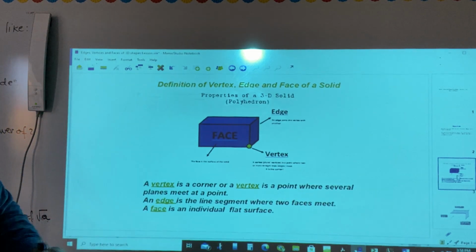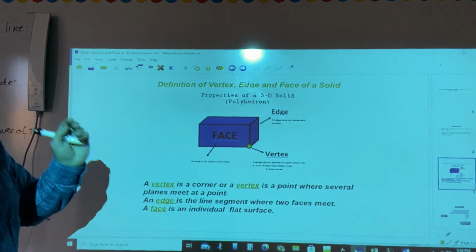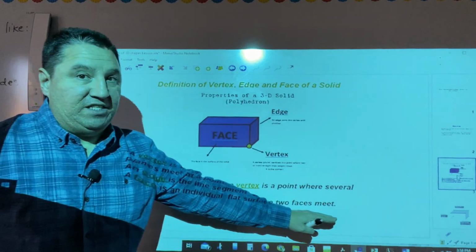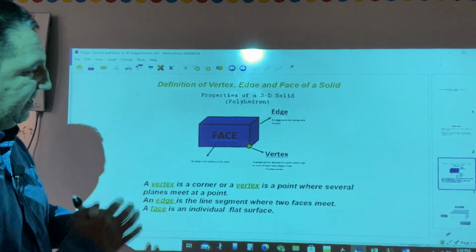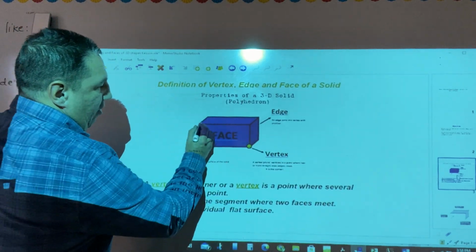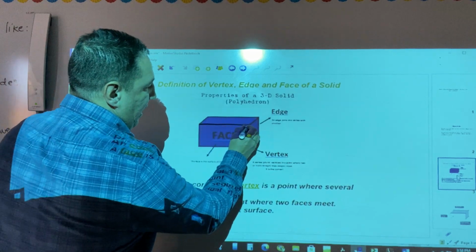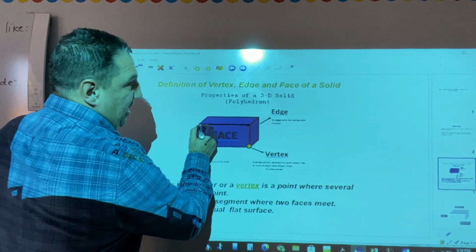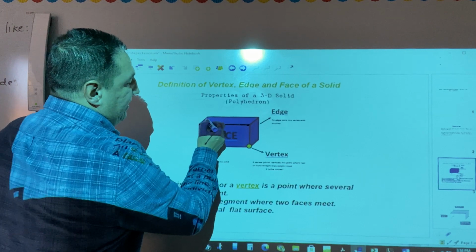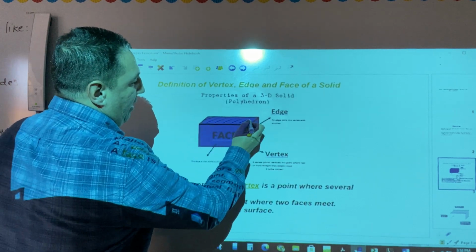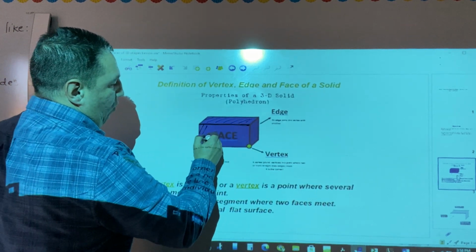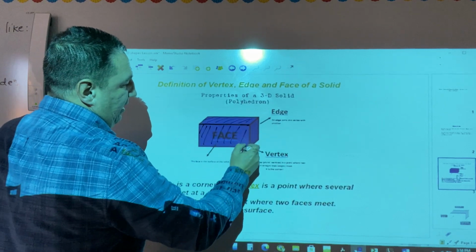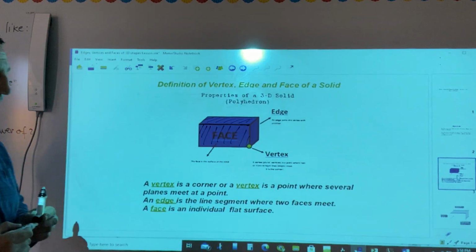An edge is the line segment where two faces meet. As we can see here, this edge is the place where this face, the top one, and the front one meet. Good.